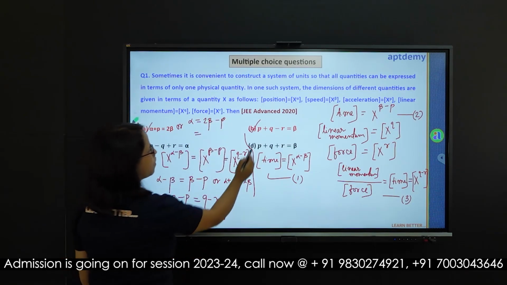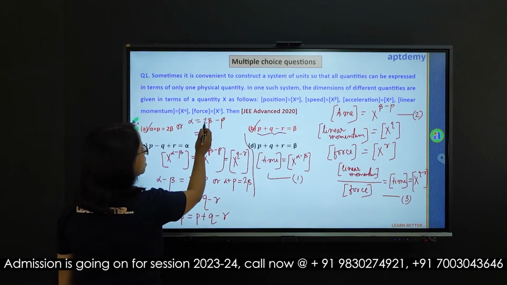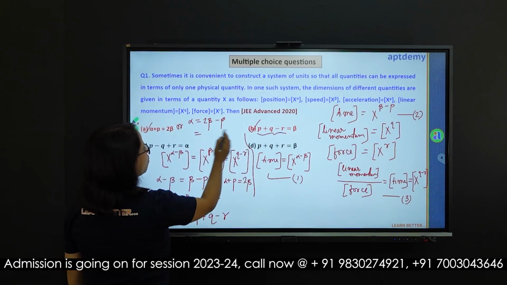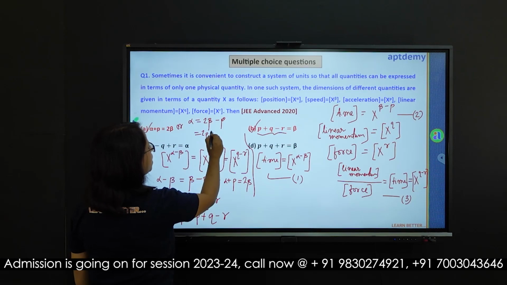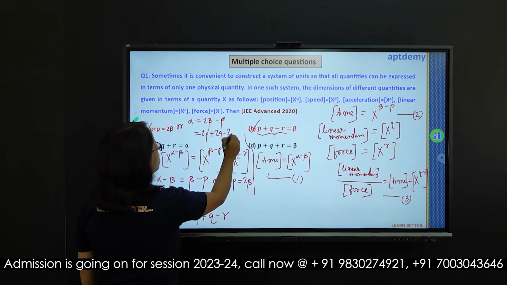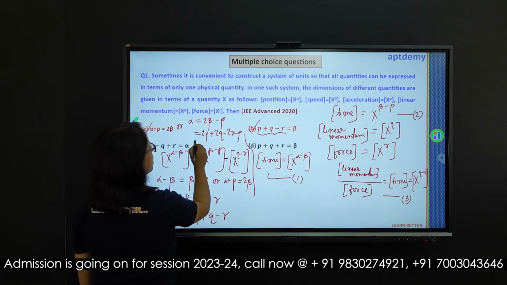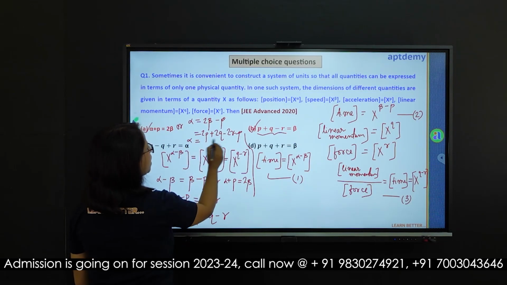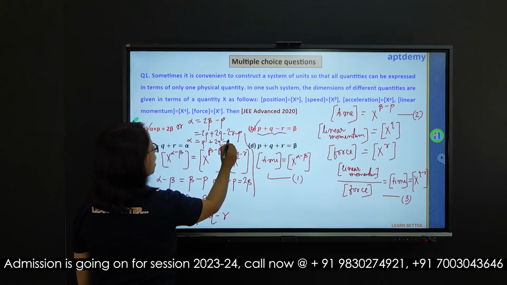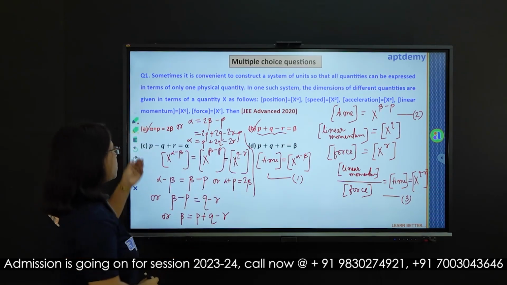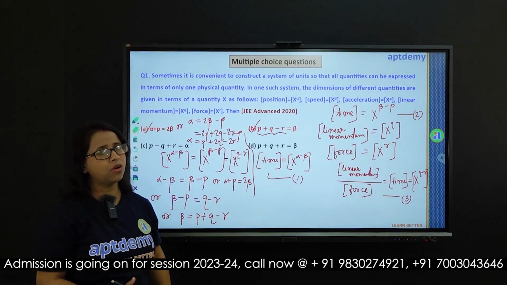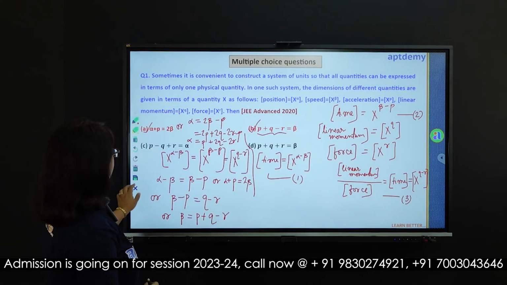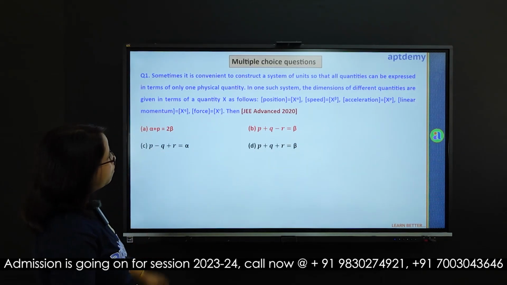So substituting the value of beta from the second relation, we see that 2 beta will be equal to 2p plus 2q minus 2r, minus another p. So we see that alpha becomes equal to p plus 2q minus 2r. So obviously the third relation is also not true. So this was a very wonderful problem.